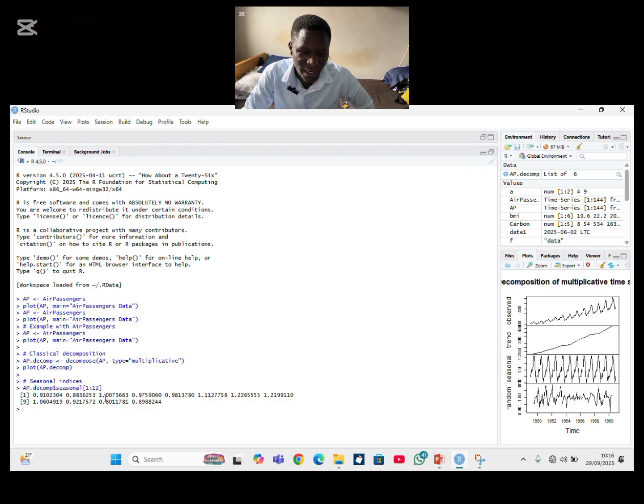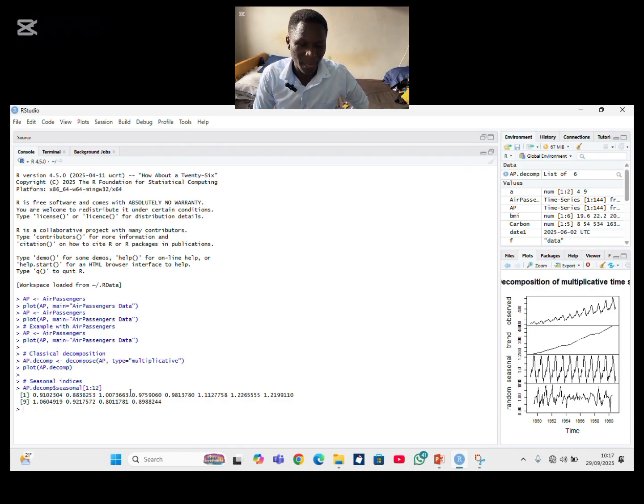The next one is 1.007. Now, in order to interpret this, you get 1 minus the seasonality factor. In this case, if you get your 1 minus your 1.007, you will get around, maybe let me correct this.